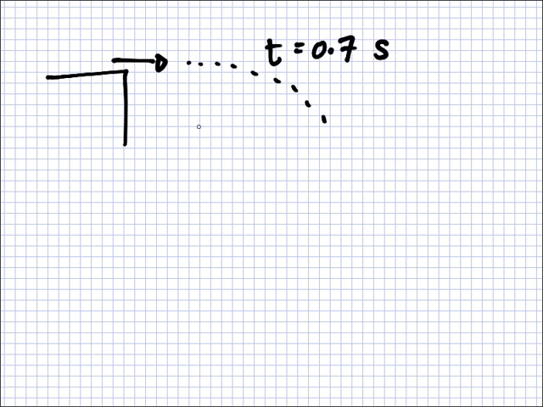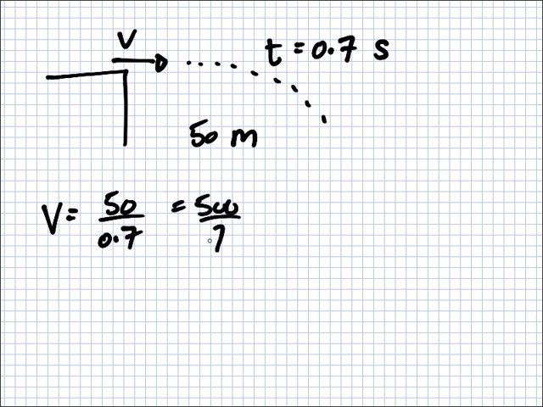Its distance here is 50 meters. What's the speed here, V? If you just use the distance, speed, time triangle, the speed will be 50 over 0.7, which is 500 over 7, which is 71.4 meters per second.